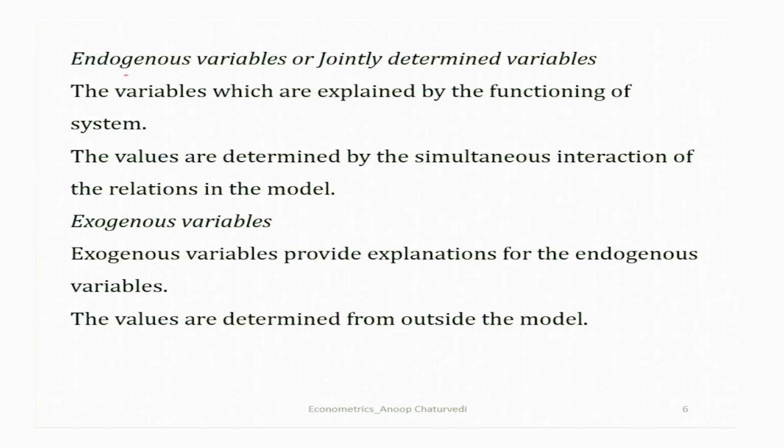Now, we define endogenous variables or jointly determined variables. So, the variables which are explained by the functioning of the system are called endogenous variables, or you can say that the values of the endogenous variables are determined by the simultaneous interaction of the relations in the model.